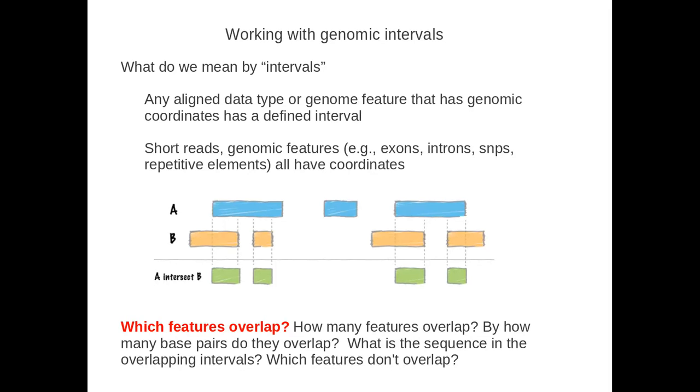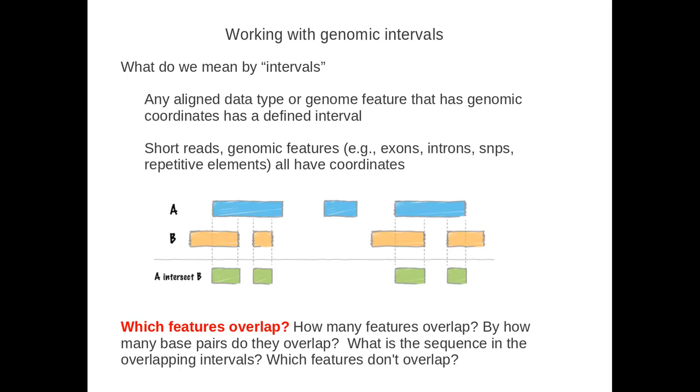Genomic features such as exons, introns, SNPs even. SNPs are in fact intervals. In bed format, a SNP at position, say, 3 in the genome, you guessed it, its 5' coordinate in the bed format is 2, and its 3' coordinate is 3.